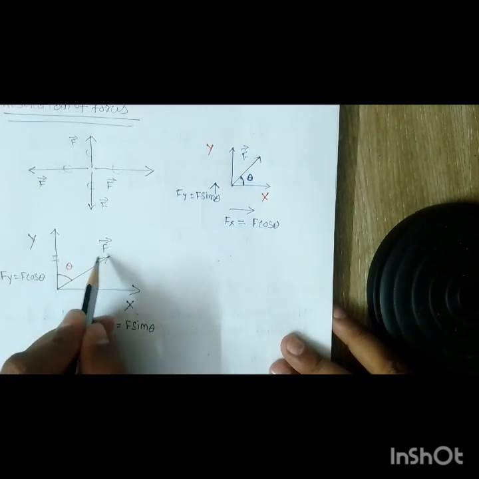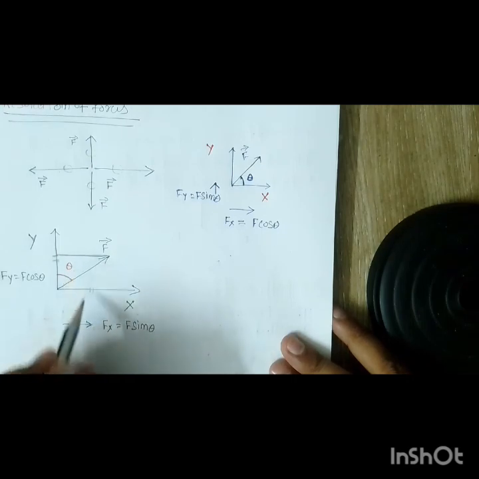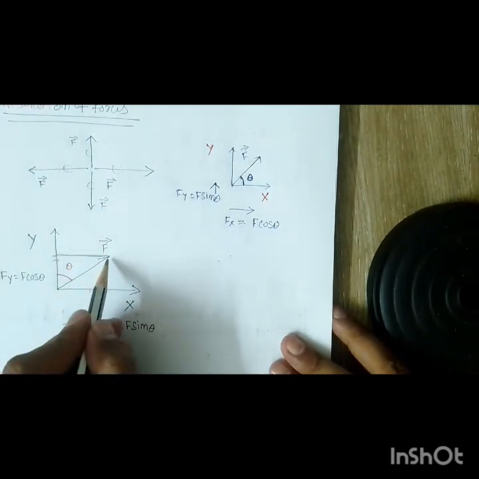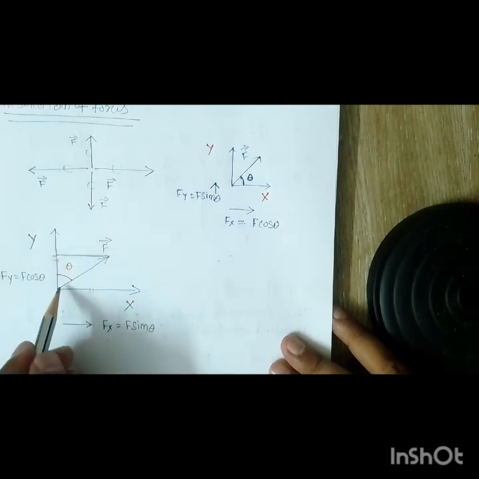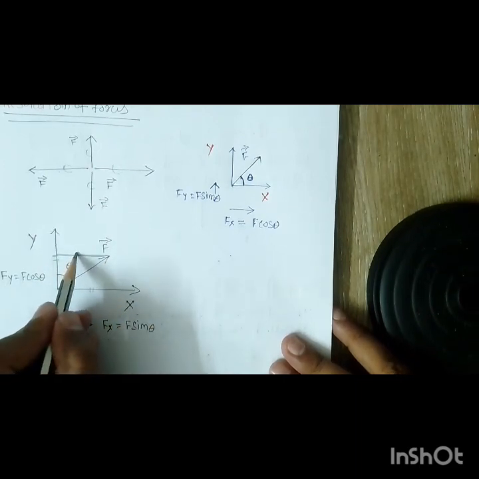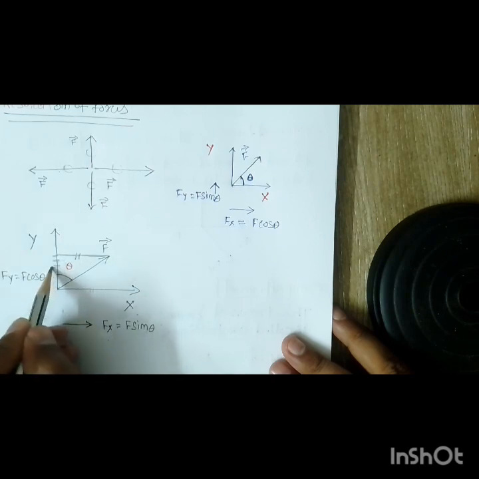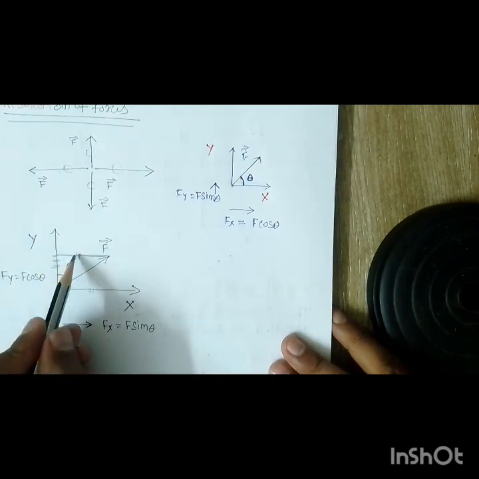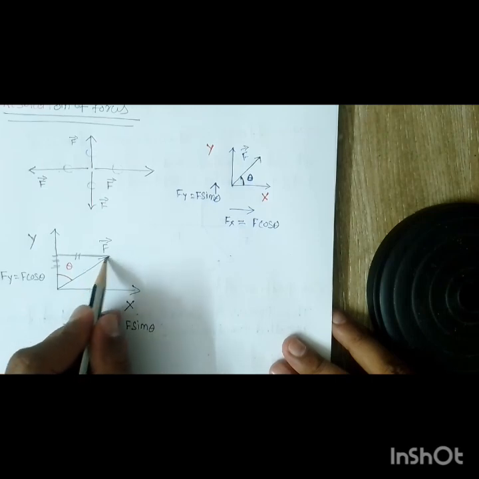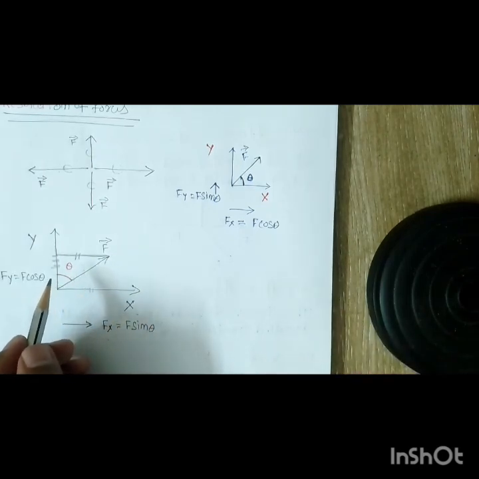Now if I draw one line parallel to the x-axis, in this case of inclination with the vertical, you can see one triangle. In this triangle, this is your opposite and this is your adjacent. We need to know the relation. F we already know, this is your hypotenuse, the inclined force whose magnitude is given.